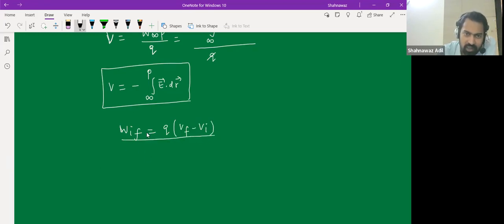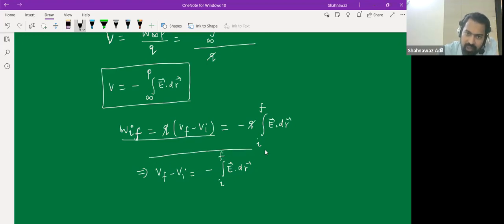So this is the work done in bringing a charge from one fixed point to another fixed point. We also know that the work done is equal to minus Q integral of E dot dr from initial to final. So this Q cancels and we get V final minus V initial, which is minus the integral of E dot dr from initial to final. So this is called the potential difference.